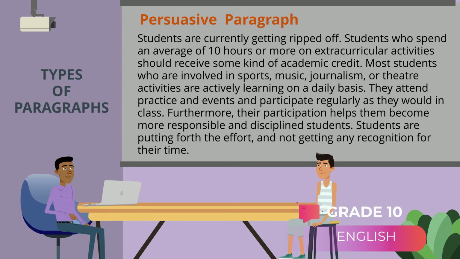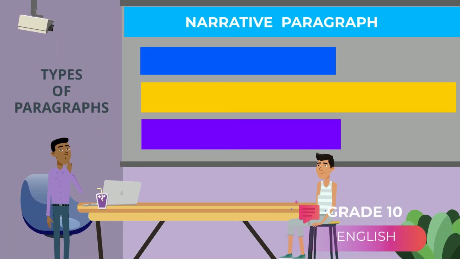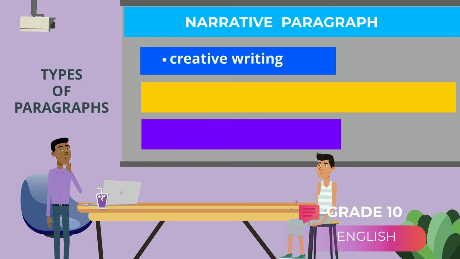The purpose of this paragraph is to get readers to believe that academic credit should be given for extracurricular activities. Lastly, let's look at the narrative paragraph. Since narrative writing is creative writing, the strict rules of paragraph writing do not apply.